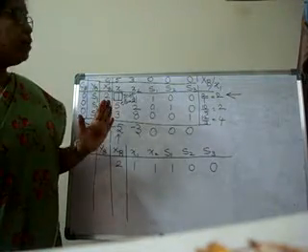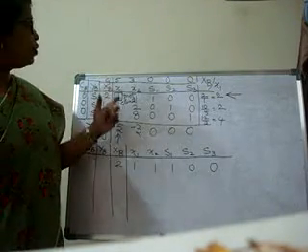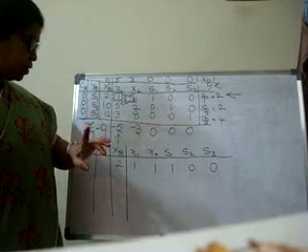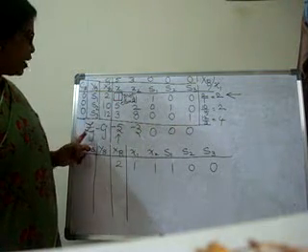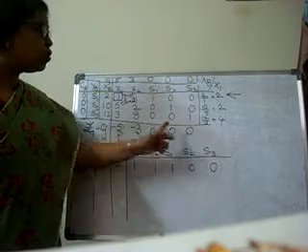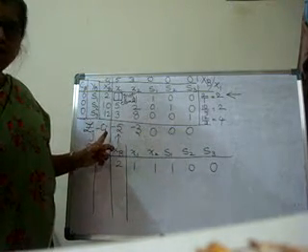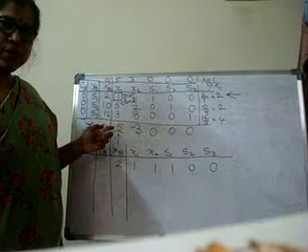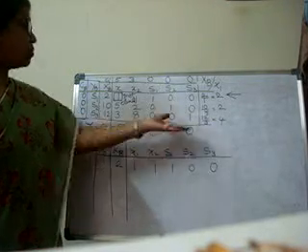Our condition in the algorithm is we should find out a pivotal element. How we are going to find out the pivotal element? We are going to find out Zj minus Cj. In that Zj minus Cj, the most negative column we have to choose. In this particular problem, minus 5 is the most negative element in this row.